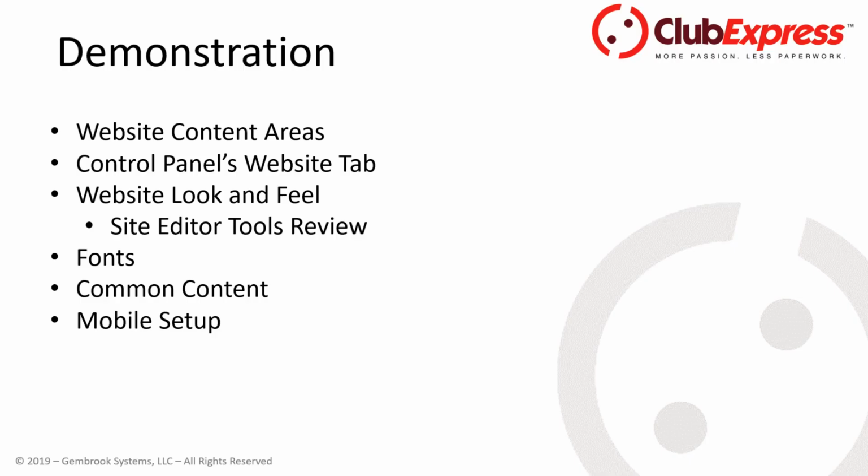Today, we're going to be concentrating on some of the tools that you use to control the look and feel of your website. There is a module called Website Look and Feel, and that's one of the ones we'll be looking at. We went into quite a bit of detail with that two weeks ago. That video is available.